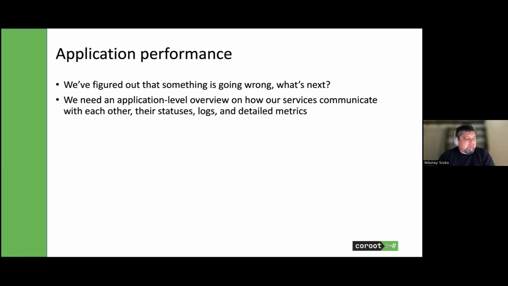Next, for example, with traces, we identified the problematic service. What's next? We need to be able to look at any particular service in general and all its subsystems: logs, status of each instance, detailed metrics about, for example, runtime, JVM, .NET, and so on.